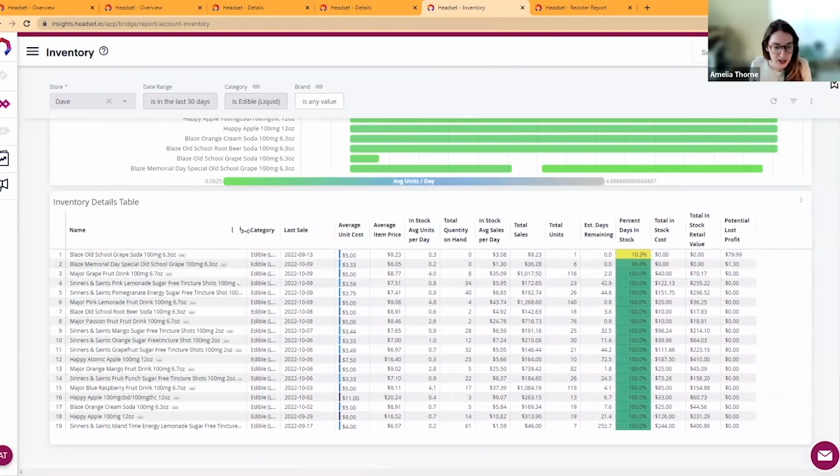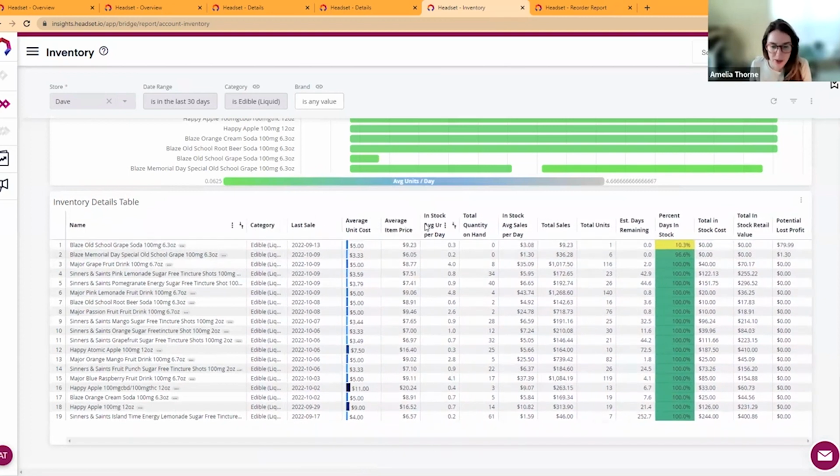One thing that I was just on the phone about with another customer is that looking at this average item price, as a brand, you can identify products that just aren't selling at the price point that they should be. My customer was able to recognize that there were quite a few products that were selling $10 less than what they should be.